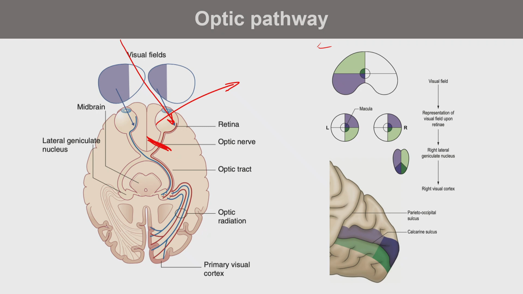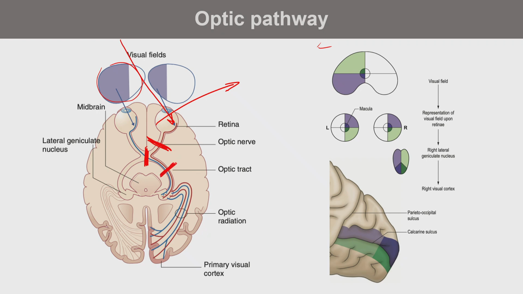So it's not complete blindness, because everything could be overcome by the contralateral eyeball, but there is no stereoscopic view. Then we have bitemporal loss of vision.